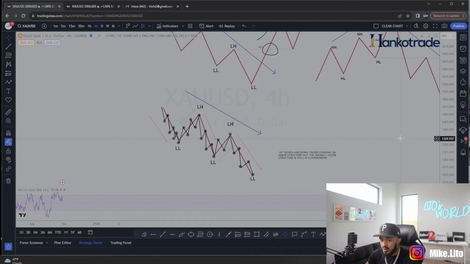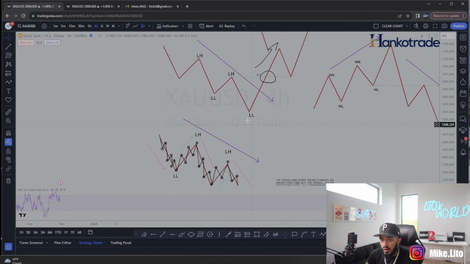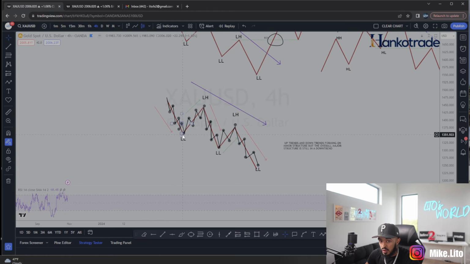So ultimately, you have uptrends and downtrends on minor structure that make up the overall downtrend structure on major structure. The red here is the major structure, exactly how I drew it up down here. It formed lower lows and lower high points all throughout this area, and then it's forming lower lows and lower high points throughout this area as well.